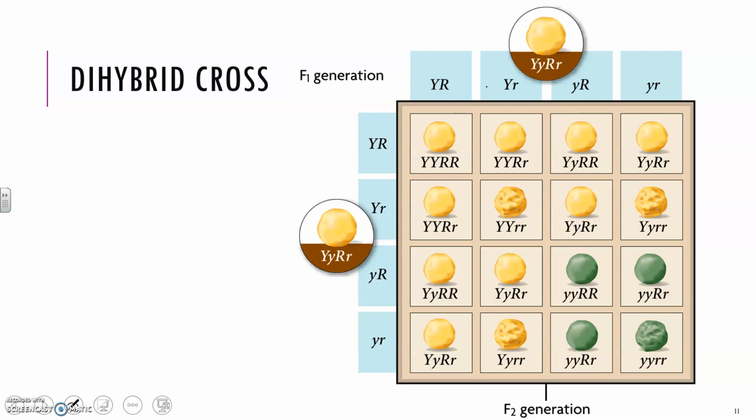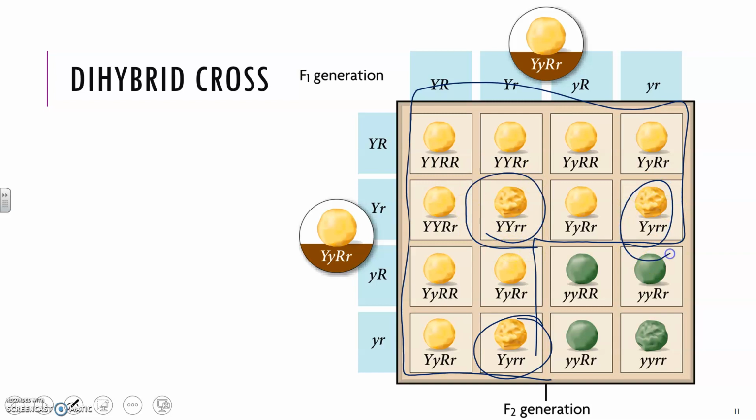And you can go through and pick out our dominant yellows here, okay? We also have a dominant yellow with a recessive wrinkled, and then we have our recessive color with our dominant shape. Okay, so that one's really easy to go through and point out all of the different phenotypes and genotypes. Okay, but that's basically how you set up a dihybrid cross.